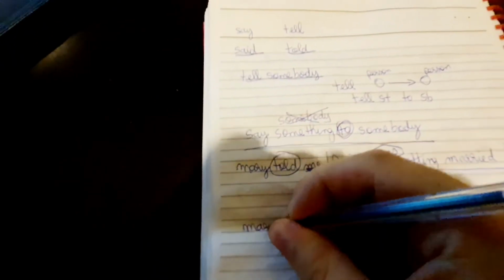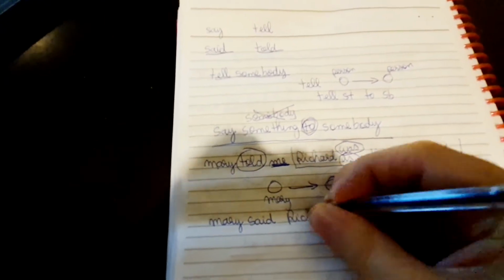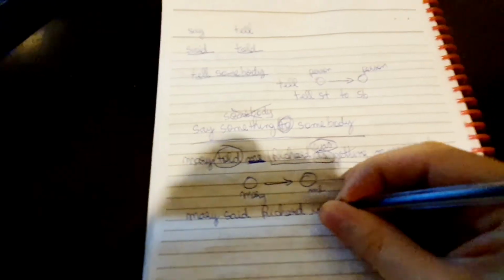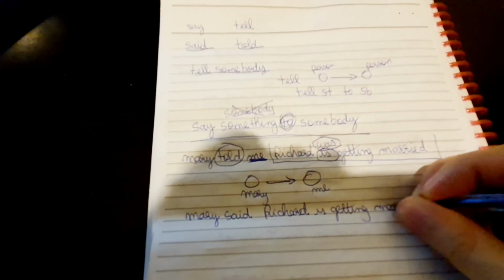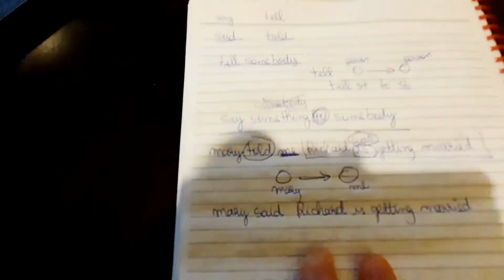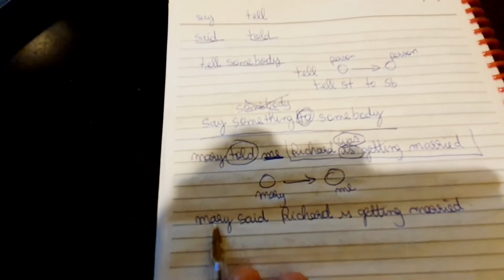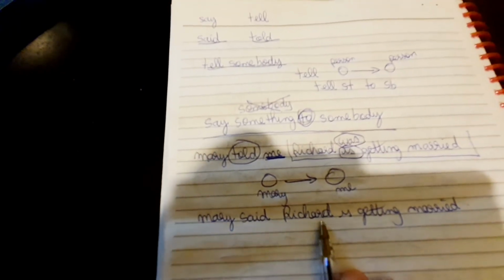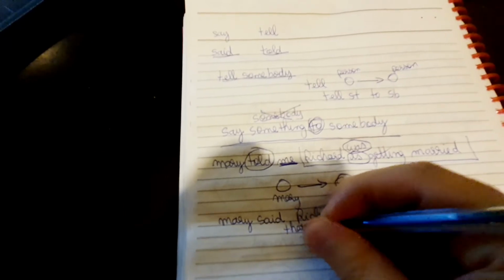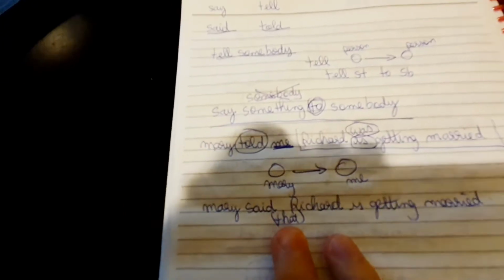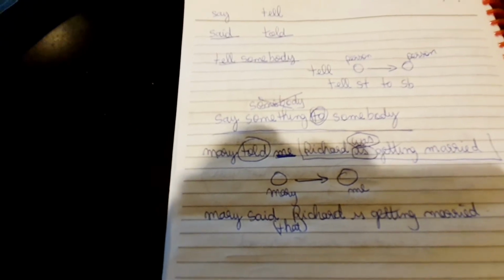But when you say, for example, Mary said, Richard is getting married. Is it possible to use the verb say? Yes, it's possible. Mary said Richard is getting married, okay? It implies that we have a pronoun here, a preposition, or this is a preposition and a pronoun.